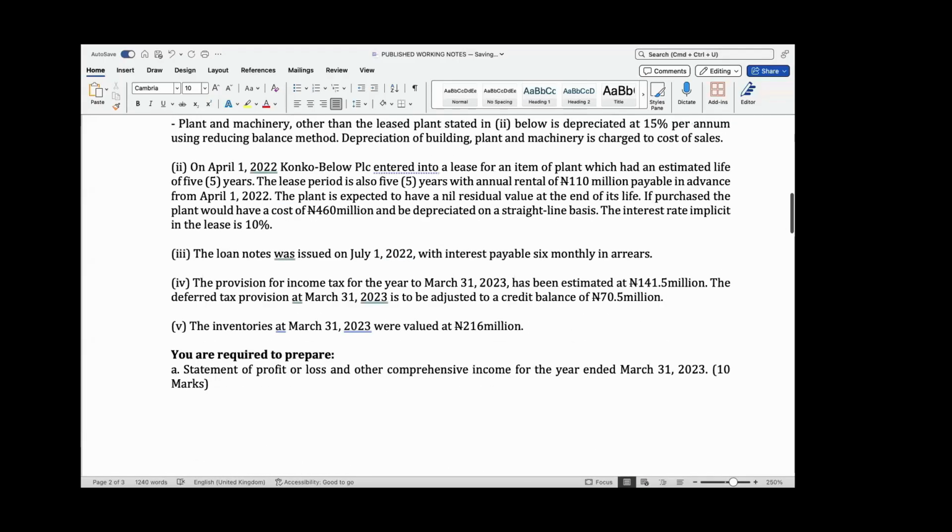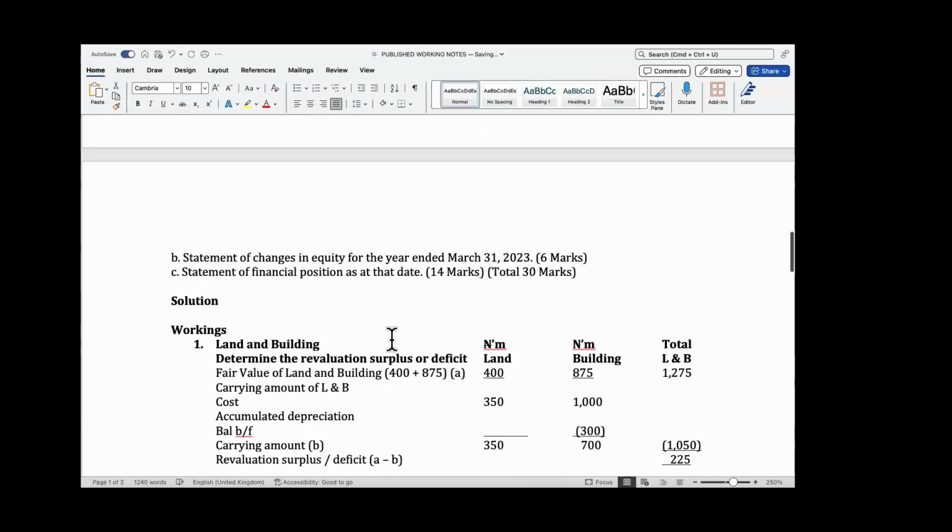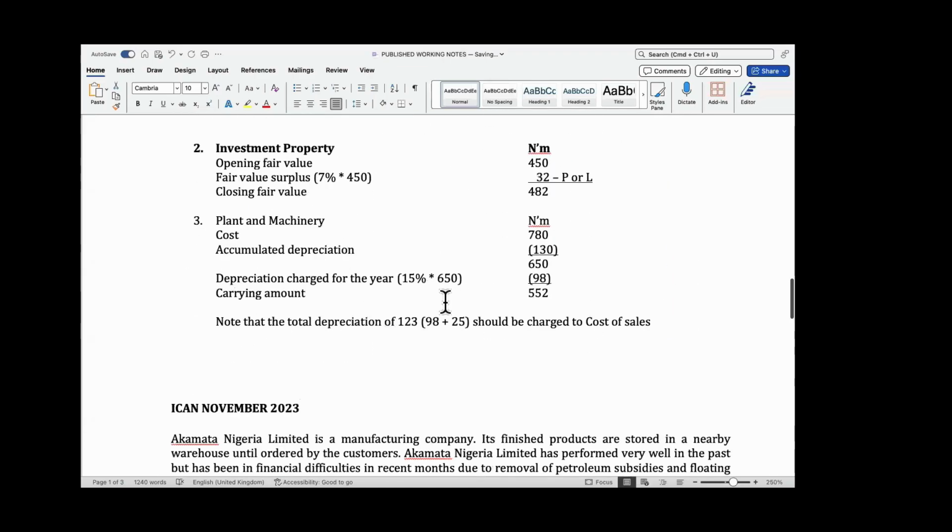How did I know that? Because the question told me that depreciation of building and plant should be charged to cost of sales. They intentionally put them together, so I won't forget.